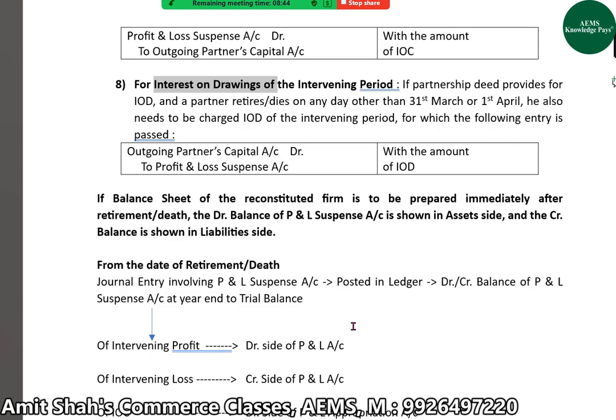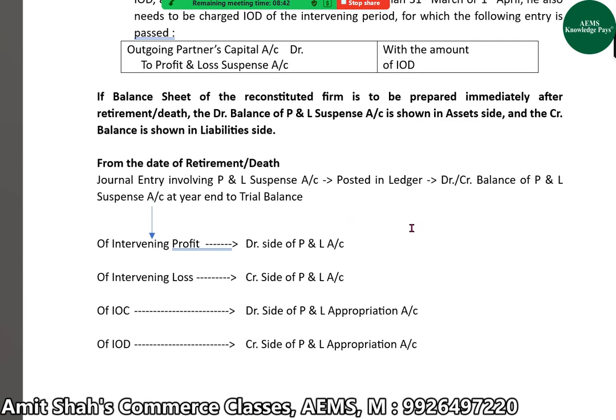Okay, so that balance you need to split up while preparing your final accounts. In the trial balance you see the net balance, but where did that net balance come from? It came from the ledger. That net balance is coming from the ledger. In the ledger you have clear and separate posting of intervening profit or intervening loss, of IOD and of IOC.